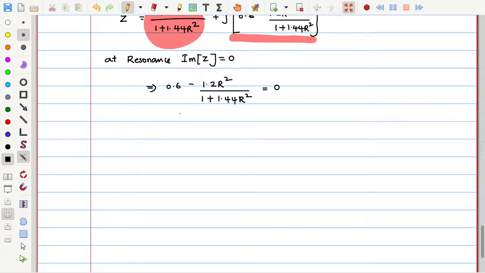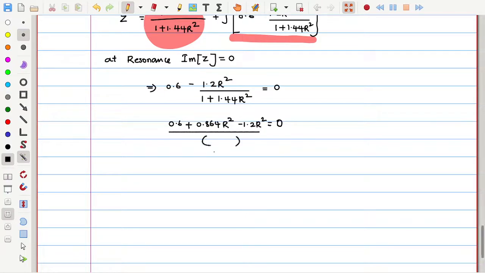So what we get is 0.6 into this, then 0.6 into 1.44 is 0.864 R square minus 1.2 R square is equal to 0.